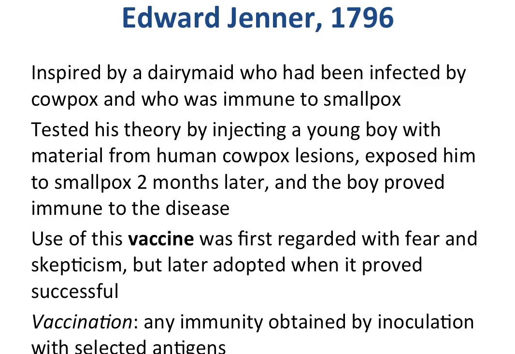So the scientists let healthy people be inoculated with cowpox, and then the people can get immunity from the cowpox against the smallpox. So this type of vaccine helped people to get rid of the smallpox.